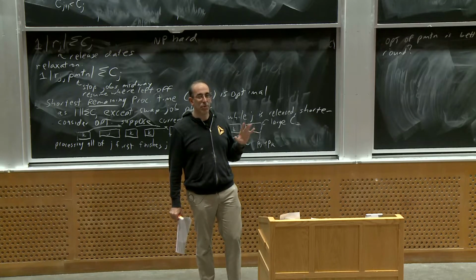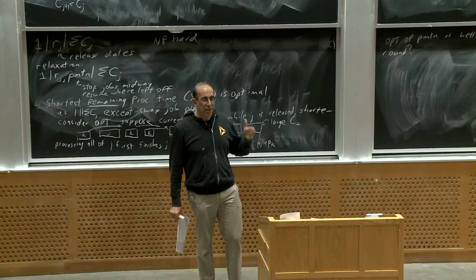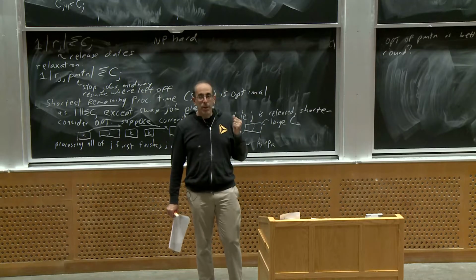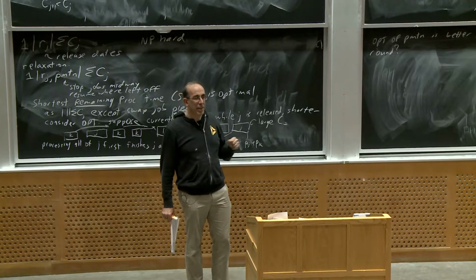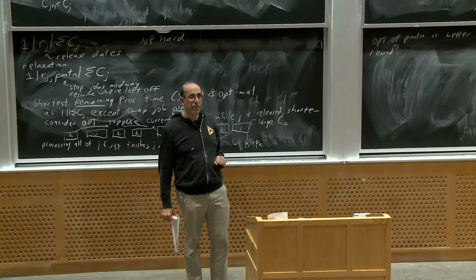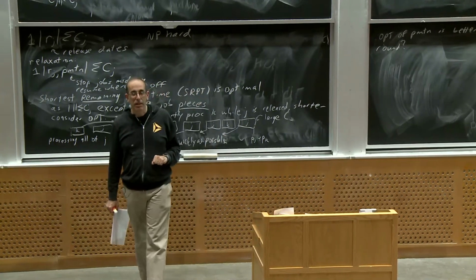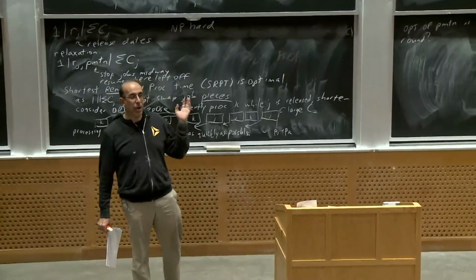It's the simplicity of working with real numbers instead of having to make sure that everything stops on an integer. But you have to figure out how to round, and that's where this gets tricky. Any thoughts? I've got this nice preemptive schedule. How do I make it not preemptive?